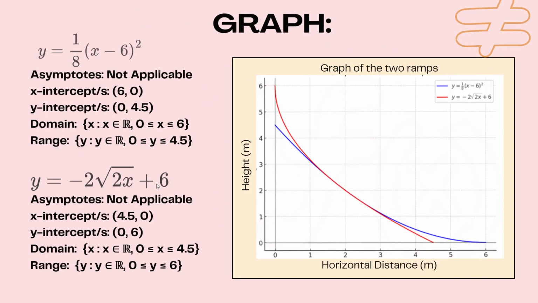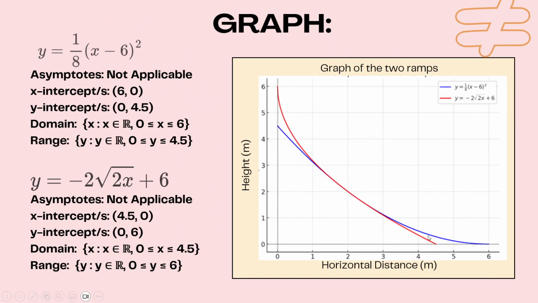Then, for our graph, the blue curve here is the graph of the original ramp, and the red is the curve of Brielle's new ramp. For our asymptotes, it's not applicable since we don't need any asymptotes in our graph.